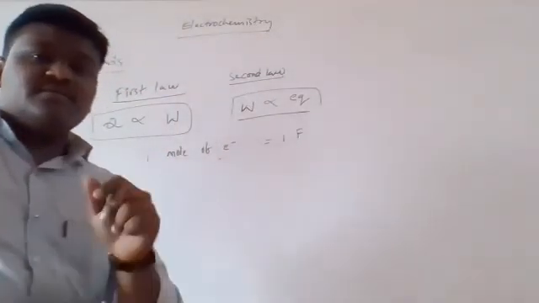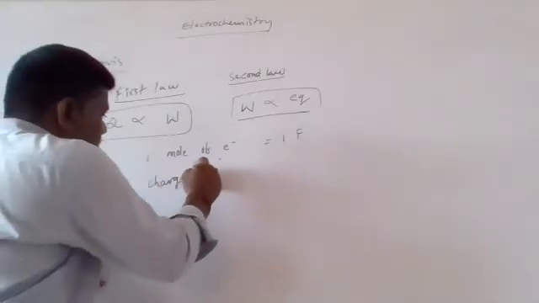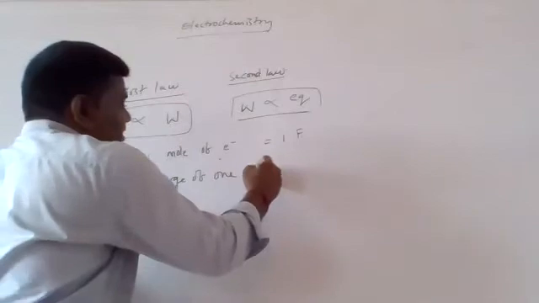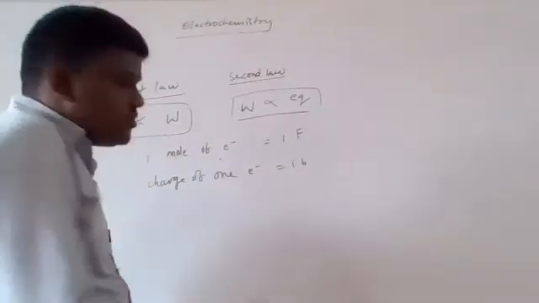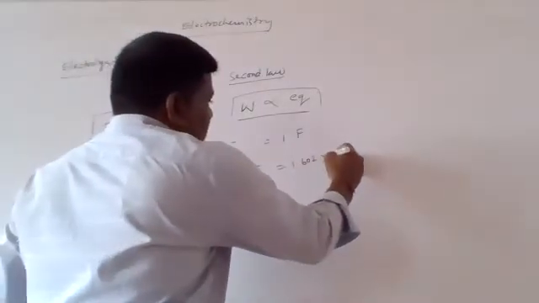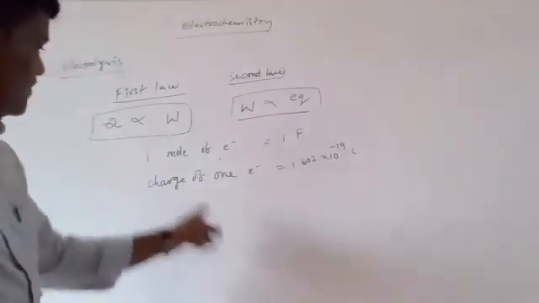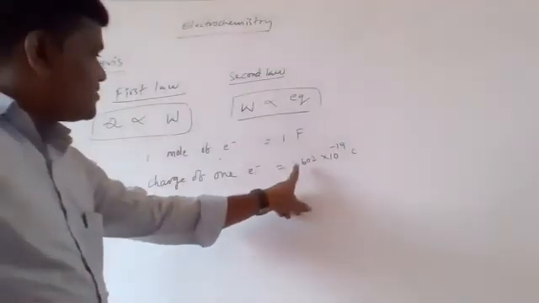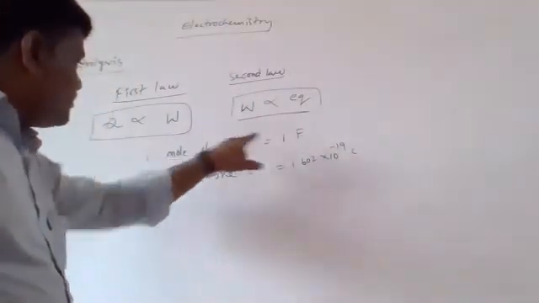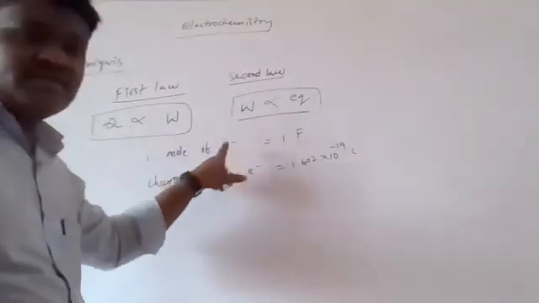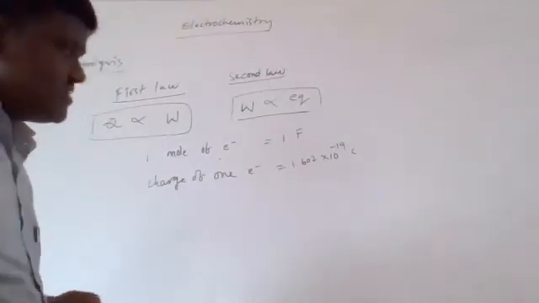Then the charge of one electron. The charge of one electron is 1.602 × 10^-19 coulombs. But 1 farad is equal to how many moles of electrons? 1 mole of electrons.